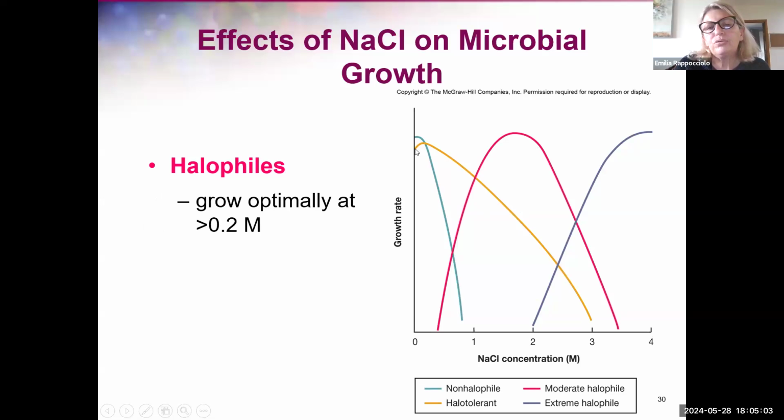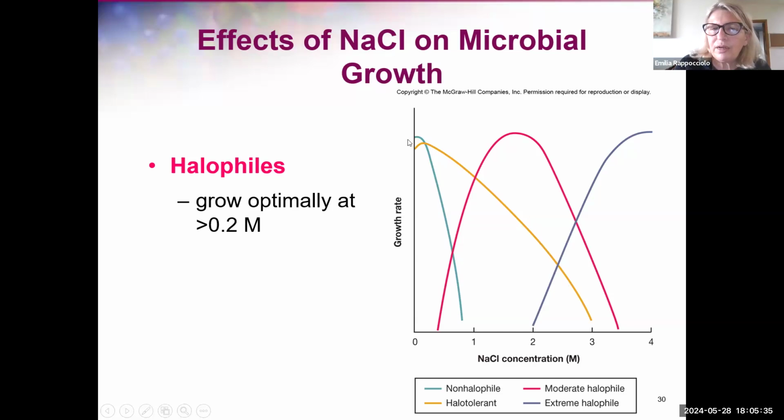Halotolerant are also not happy when the concentration of salt changes. You see, from this kind of ideal, optimal concentration of salt where their growth rate was maximum, if the salt concentration increases, the growth rate also goes down, you see? So it's similar in a way, the behavior, to the one of the non-halophile, but it's much slower, you know?